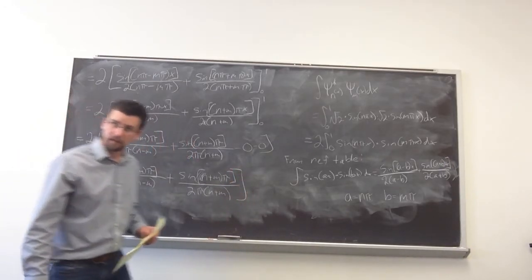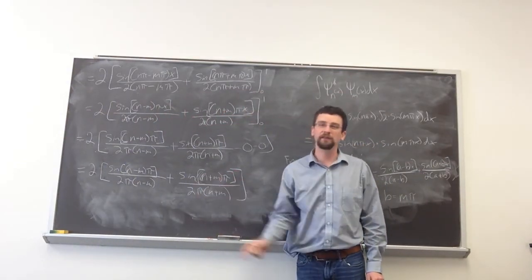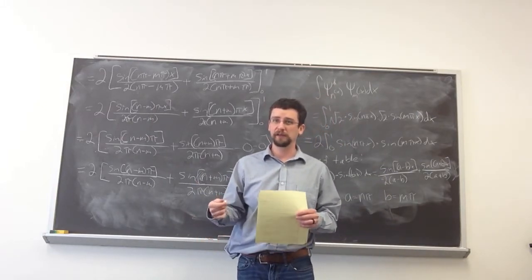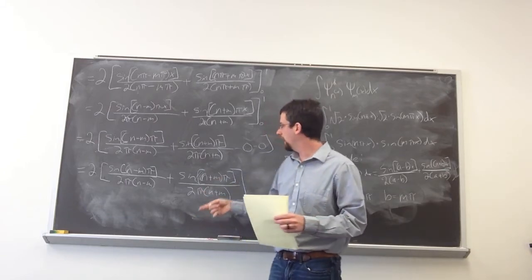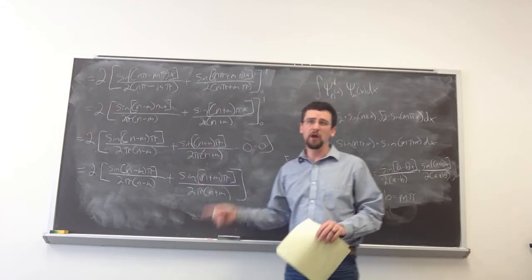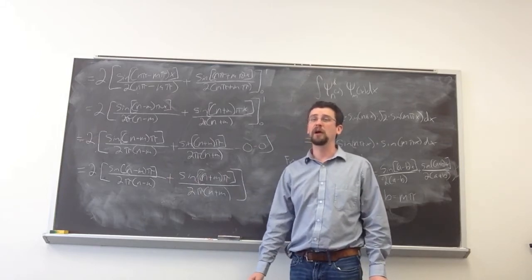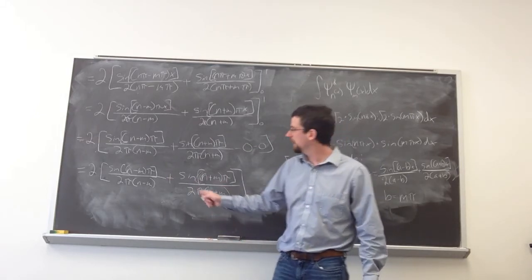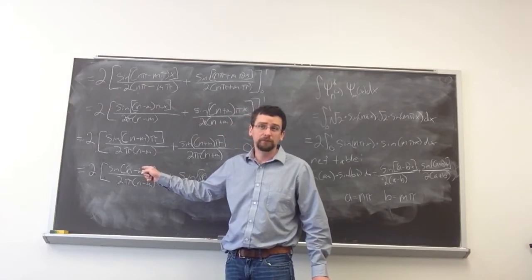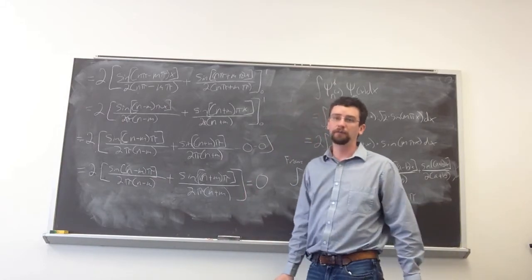Okay, this looks complicated, but you can do a couple of tests. You can plug in different values of m and n, and remember they have to be whole number values. If they're anything different, like decimals, that's not going to work. We specified at the beginning whole number values. If you plug in any whole number values that are not equal to one another, what you always result in is some factor of pi, and that will be 0 for the sine function. So in fact, this ends up being 0.